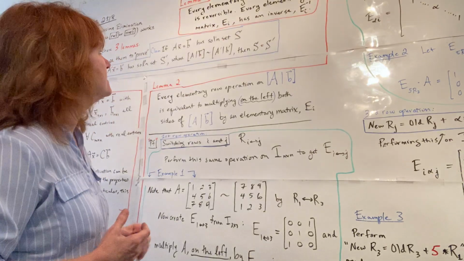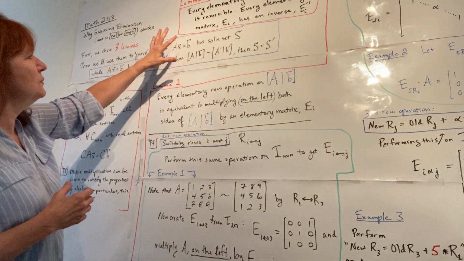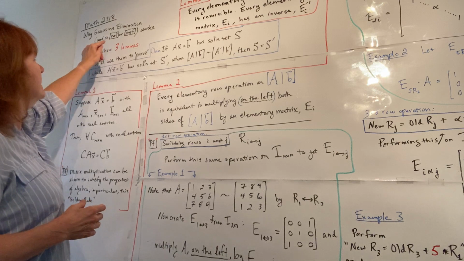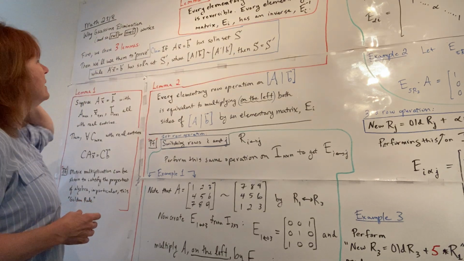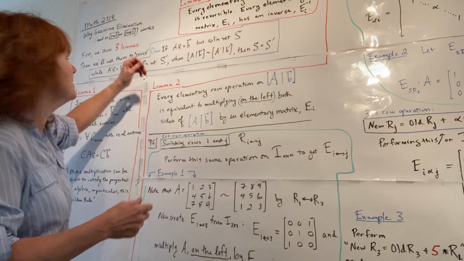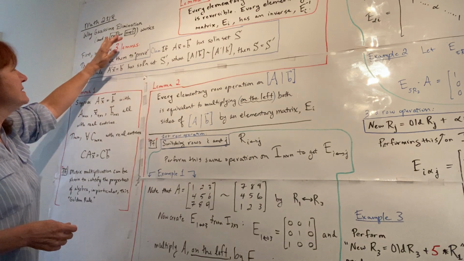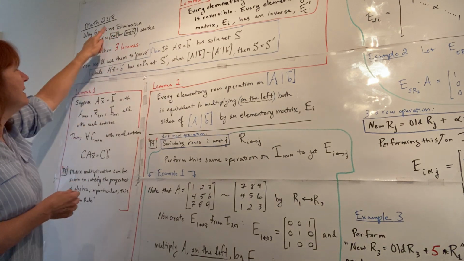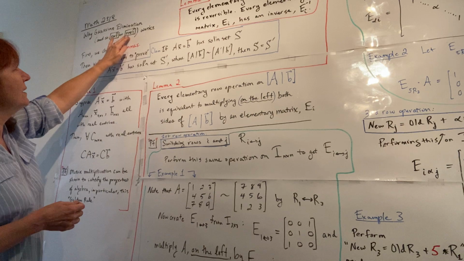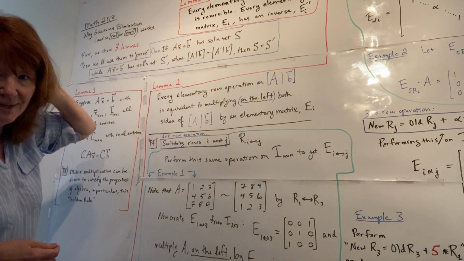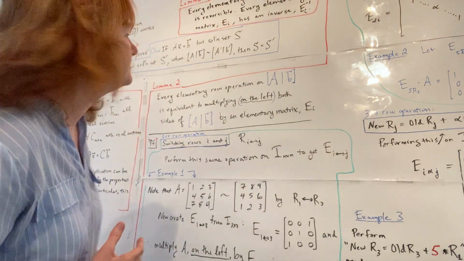Okay, so once we prove this, you will understand a bunch of things. Hopefully, why Gaussian elimination works, why the rref button is used over and over again.